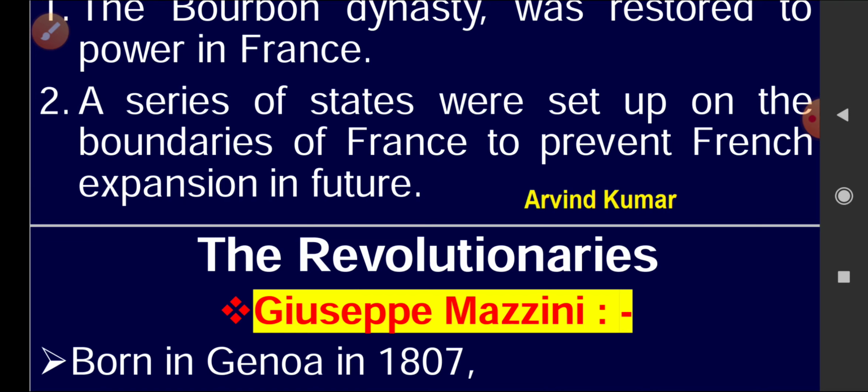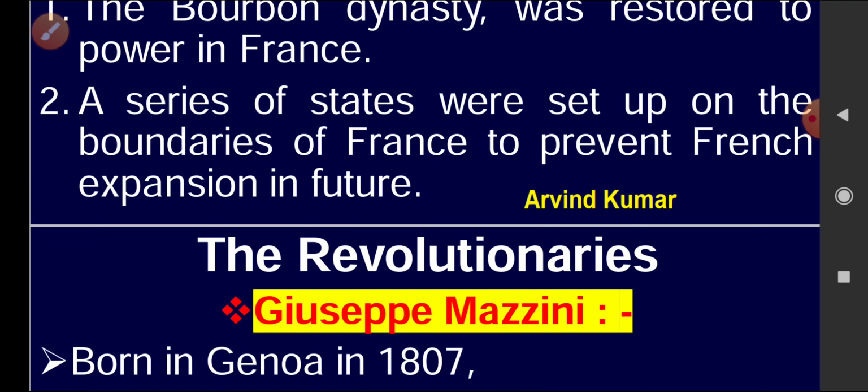Then the Kingdom of Netherlands, which included Belgium, was set up in the north. Genoa was added to Piedmont in the south. Prussia was given important new territories on its western frontier areas.